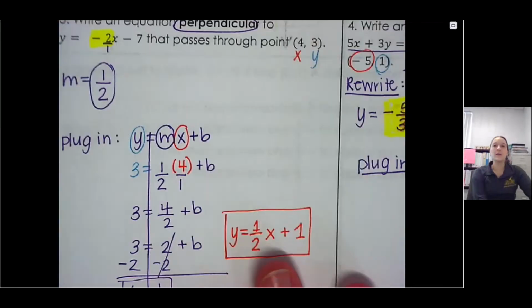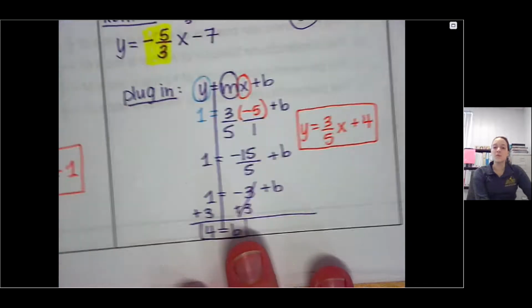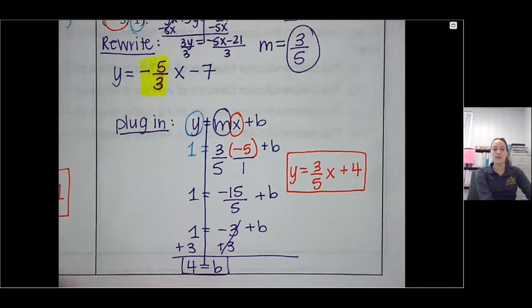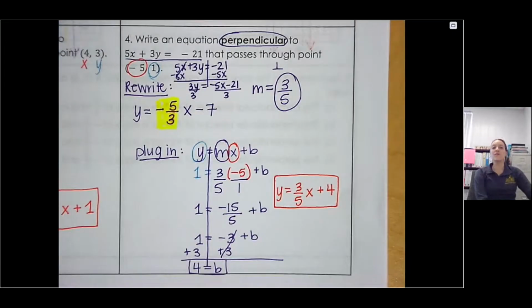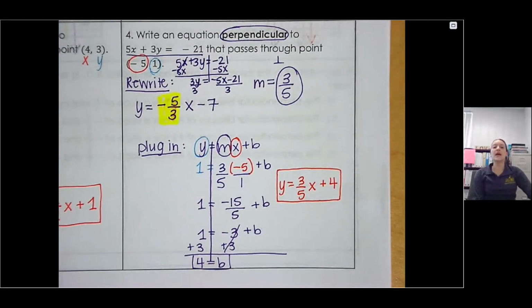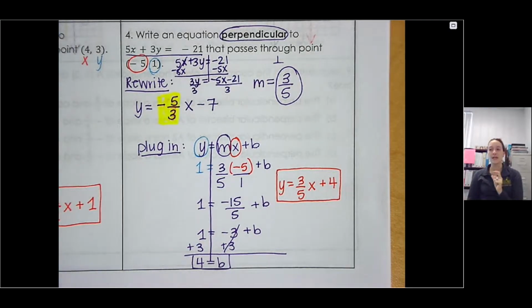Okay, let's look at number 4, which was kind of a crazy one. For number 4, you had to rewrite the equation before you did anything. Sorry, mine's a little scrunched up at the top there. When I rewrote the equation, I got y equals -5/3 x minus 7.